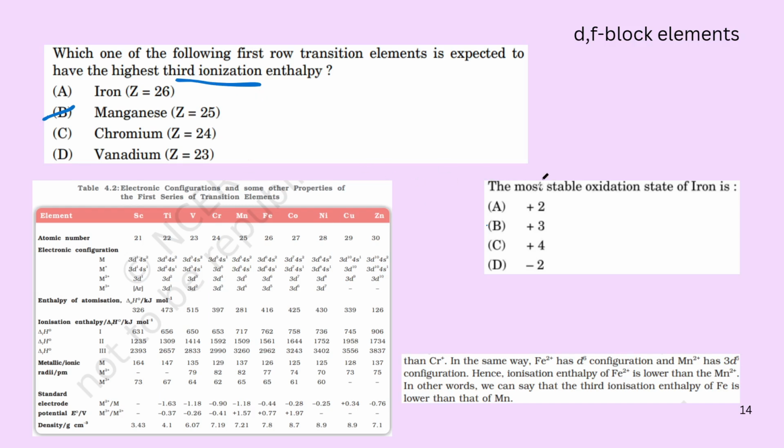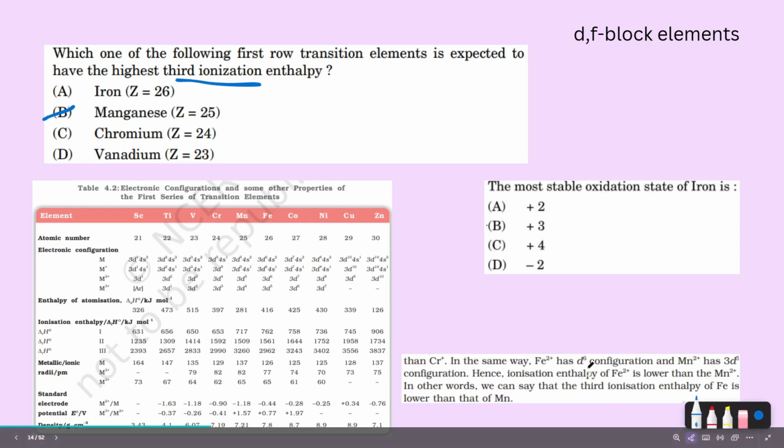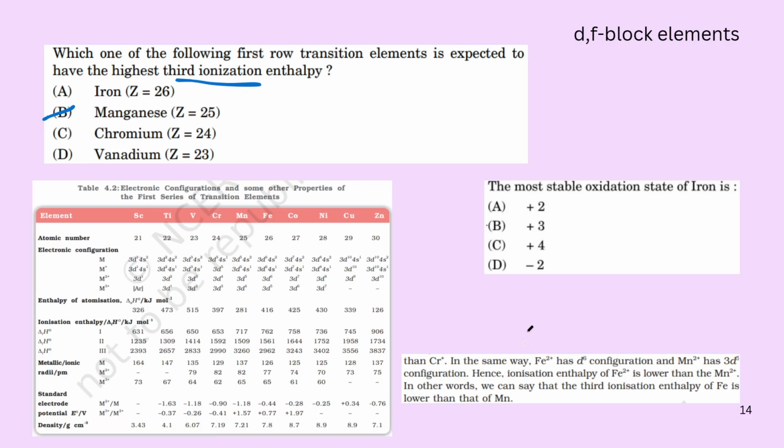Okay. The next question: the most stable oxidation state of iron is? Again, this is obviously in your textbooks under the physical properties of d block elements. But basically, we can just look at the electronic configuration. You have +2, +3, +4, and -2.